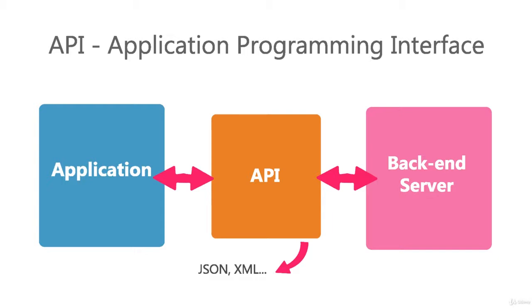Now, you may also have heard me, or you've seen people say, for instance, that in order to learn Android development, you have to understand the Android APIs. What does that mean? Well, it means the same thing that we're talking about here, but now it's not in terms of networking and the backend server. When somebody says you have to learn Android APIs, what they're really saying is that you have to learn the documentation of Android classes, of the Android software development kit.